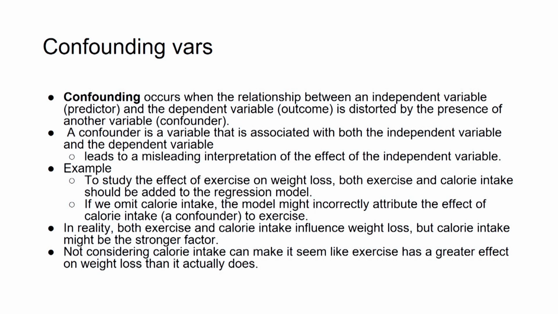If they are consistent, it means calorie intake is not working as a confounding variable, but if results are different, then this is an important variable and this is the confounding variable that we need to include in our model.